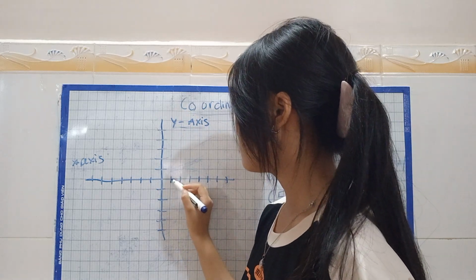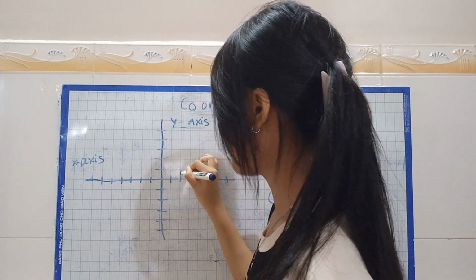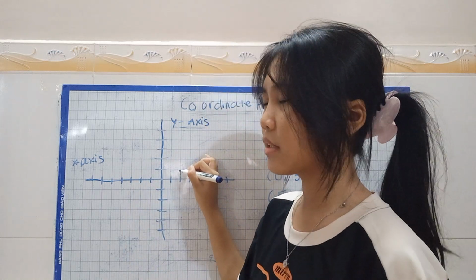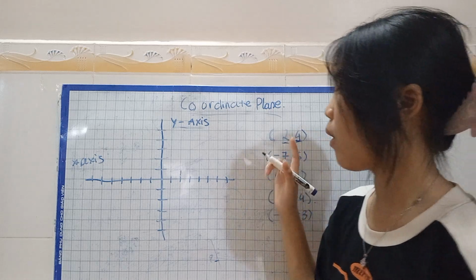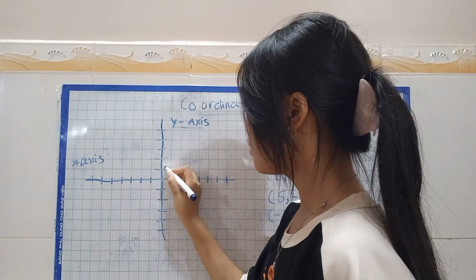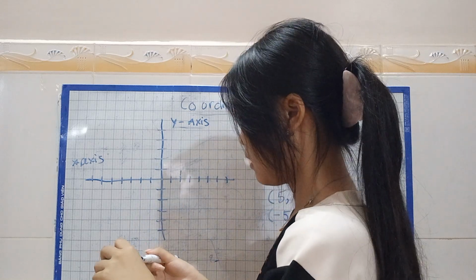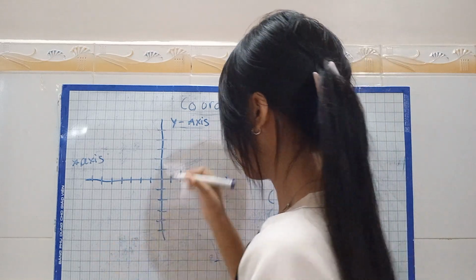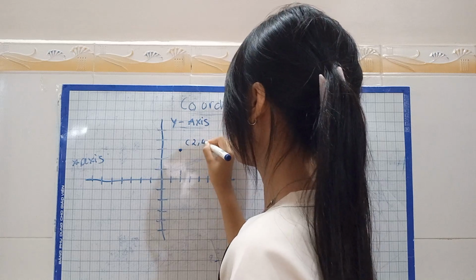So 1, 2. So here is the place that our destination might be. Now, 4 is the y-axis. So counting up 1, 2, 3, 4. So here is the point, the destination that we are wanting to find. And so this is the place which is 2, 4.